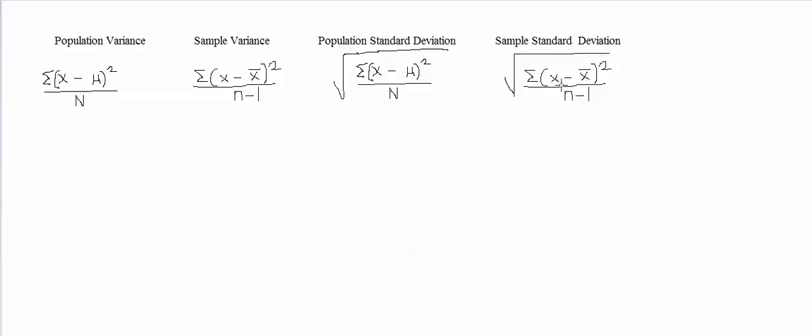What this formula is saying is that if you want the sample standard deviation, just take the sample variance and find the square root of the sample variance, and that equals the sample standard deviation. What you have to do to get the sample standard deviation is use this formula to calculate the sample variance, and then go one step further and get the square root of the sample variance. And these are the four formulas that I wanted to cover.